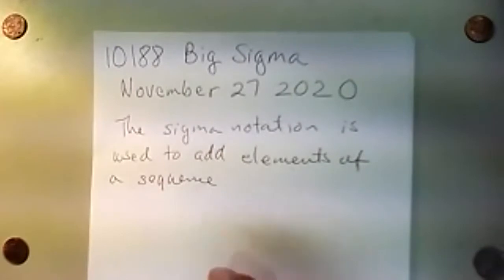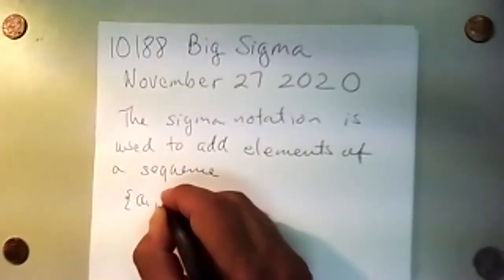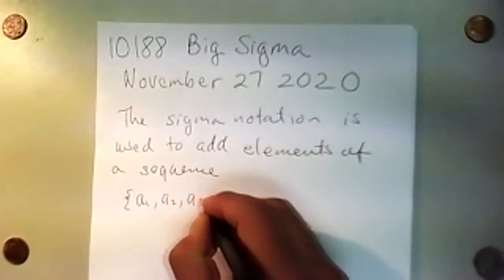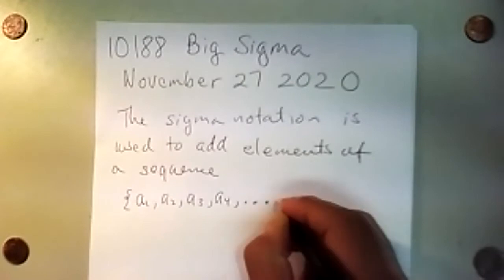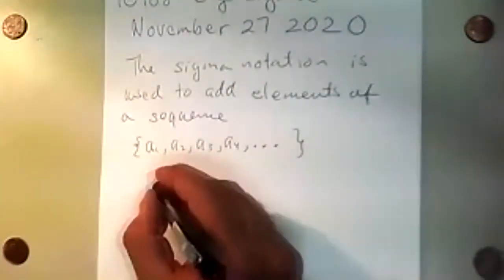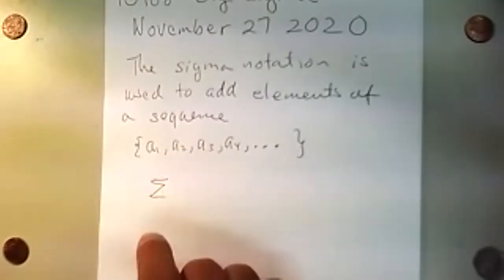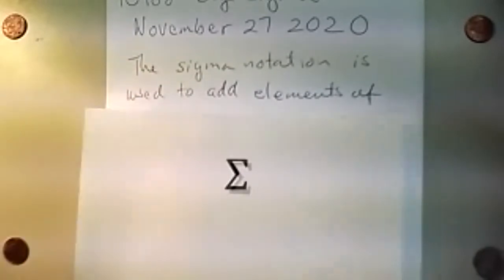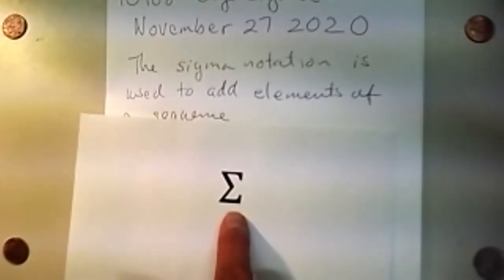So pretend you have a sequence that starts with A1, A2, A3, A4, and so forth, forever and ever. So what we define this symbol, that's why I wanted to show you a printed one, because sometimes when I draw it, it doesn't look as pretty as a printed one. Here's how it looks when it's pretty.